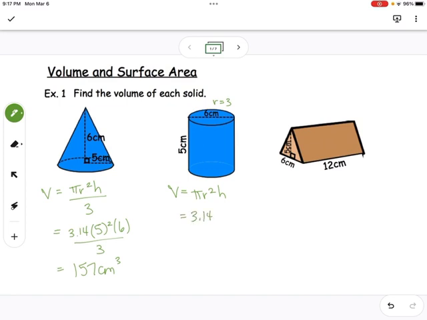So 3.14 times 3 squared, and the height of the cylinder is 5 centimeters, so times 5. So 3 squared times 3.14 times 5 gives us 141.3 centimeters cubed.